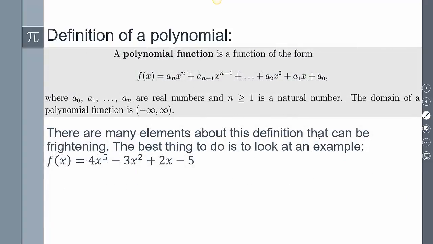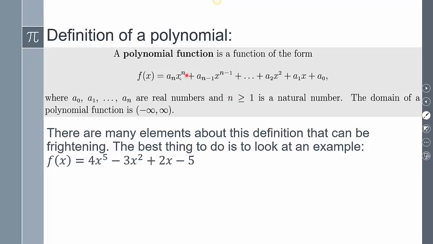Now with our polynomial function that we have here, know that these coefficients, a sub 0, a sub 1, a sub n, are all coefficients. All of these coefficients are real numbers. They're not going to be imaginary. You won't see any i's. You won't see any complex numbers like that, okay?